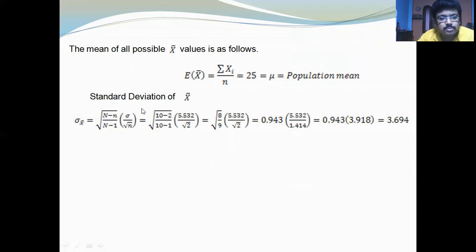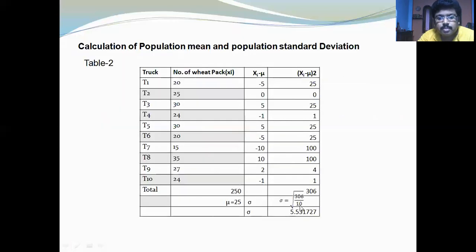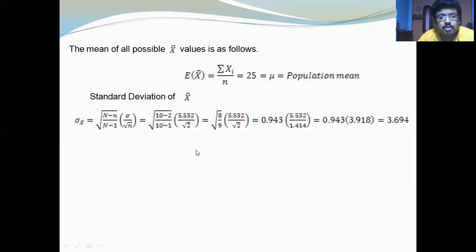Sigma is the standard deviation of the population, and n is the sample size. The sample size is 2, the population size is 10. So 10 minus 2 over 10 minus 1, and the standard deviation is 5.532. We have to get it from here. Now after some simple steps we get the standard deviation of the sample mean as 3.694.